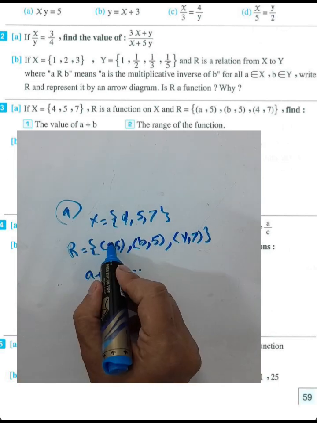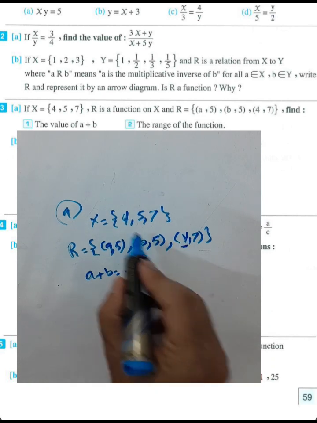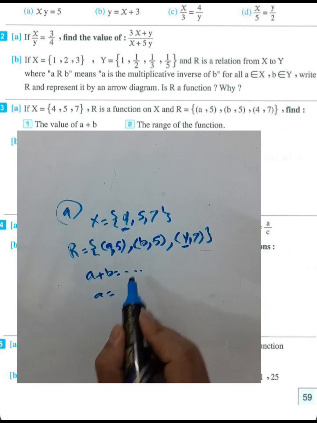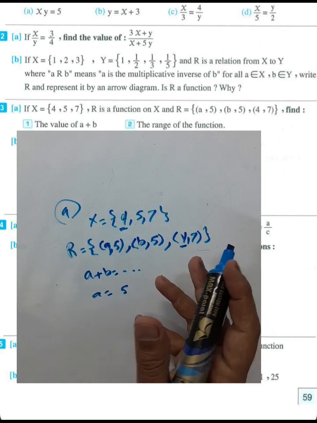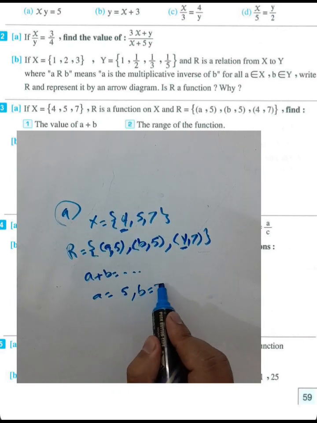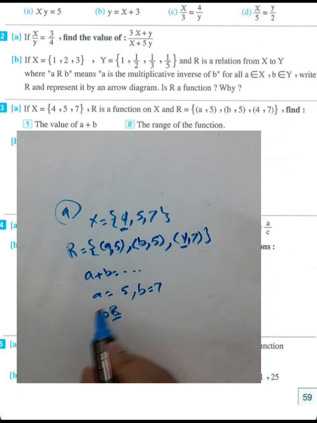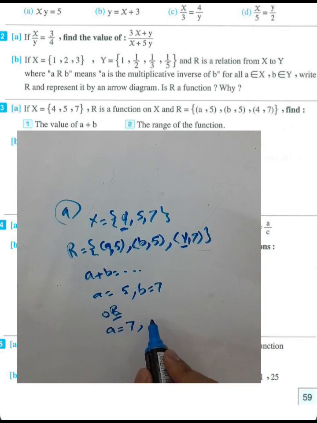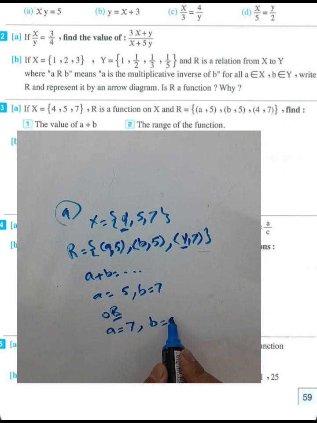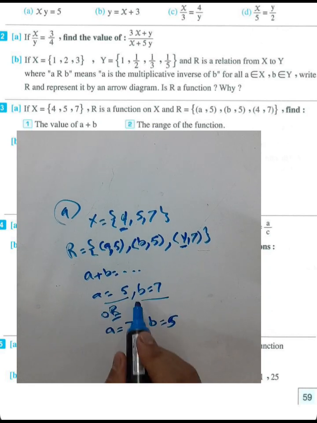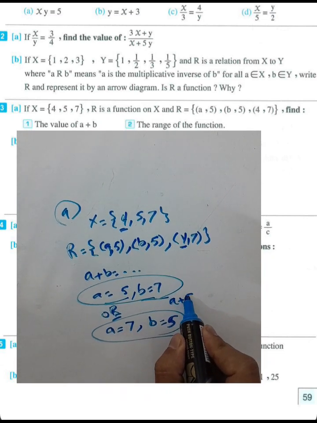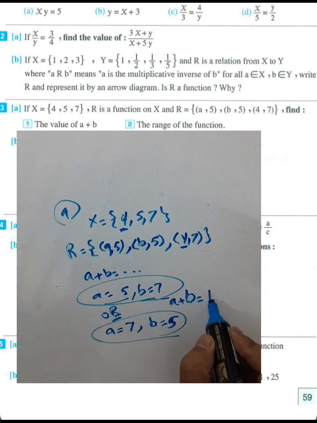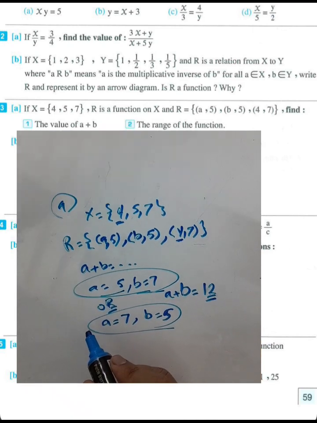We know a will be 5 and b will be 7, or the difference, we can change the place: a will be 7 when b equals 5. We can replace the results here. We want to find a plus b: 5 plus 7 is 12 in both cases.